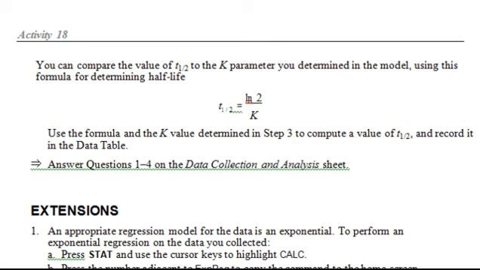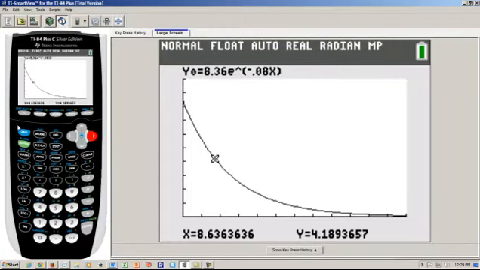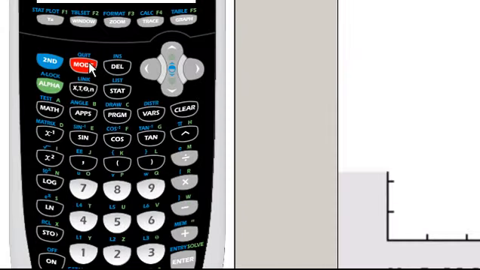And natural log is a new function for you. You don't need to know exactly what it is yet. We're going to study that later. But what we're going to do is go back to the calculator and type in natural log of 2 divided by k, and that's going to give us another option for our T half, our half-life. So let's go back to our calculator, and we can quit out of here to go to the home screen.